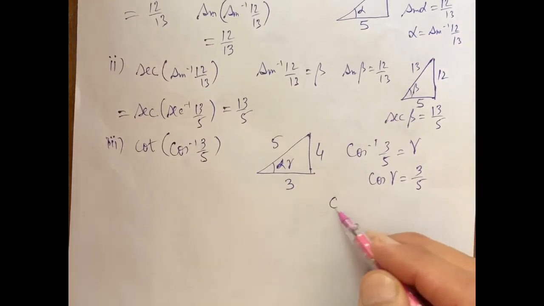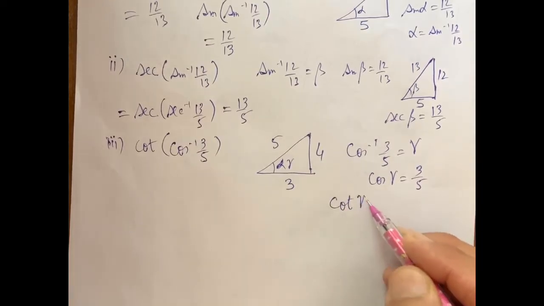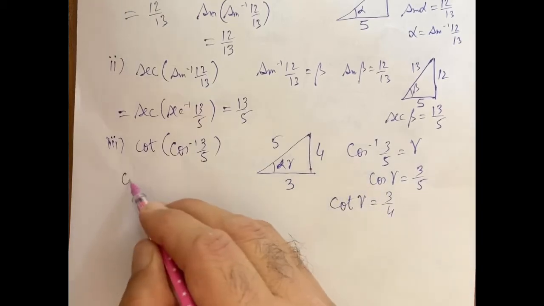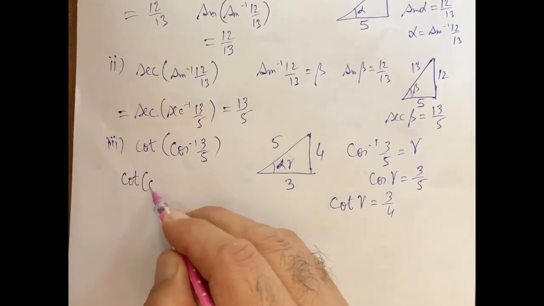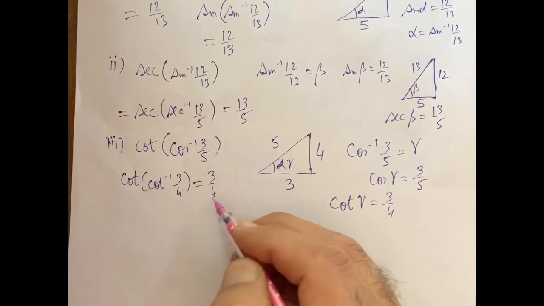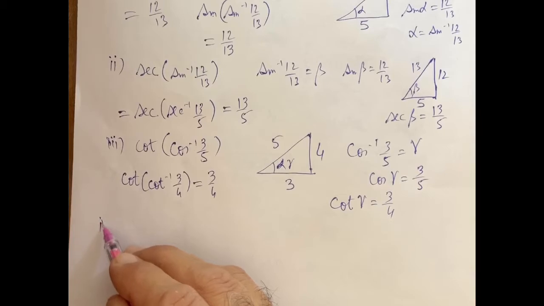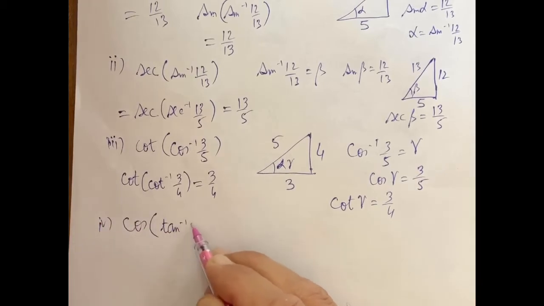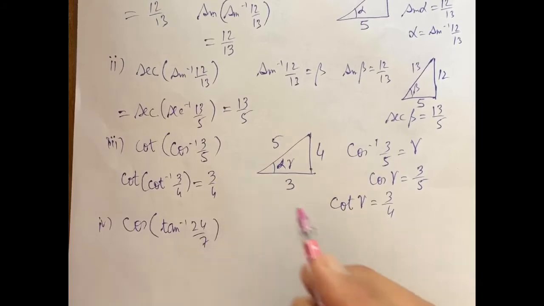Outside we have cot. Let's find out cot of gamma. Cot is base upon perpendicular, which is 3 by 4. So this can be written cot inverse of 3 by 4, and this is 3 by 4.